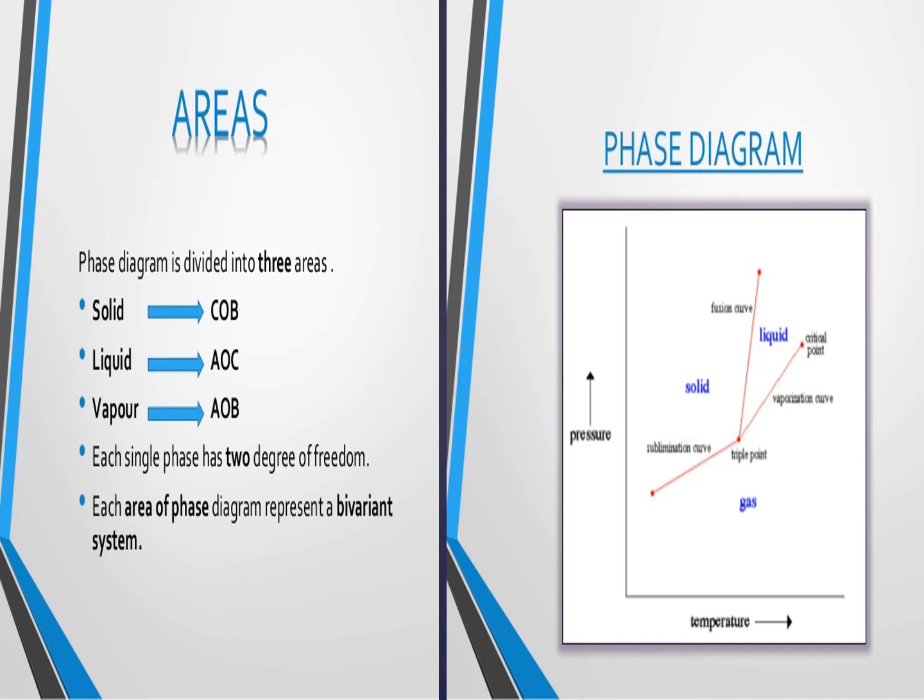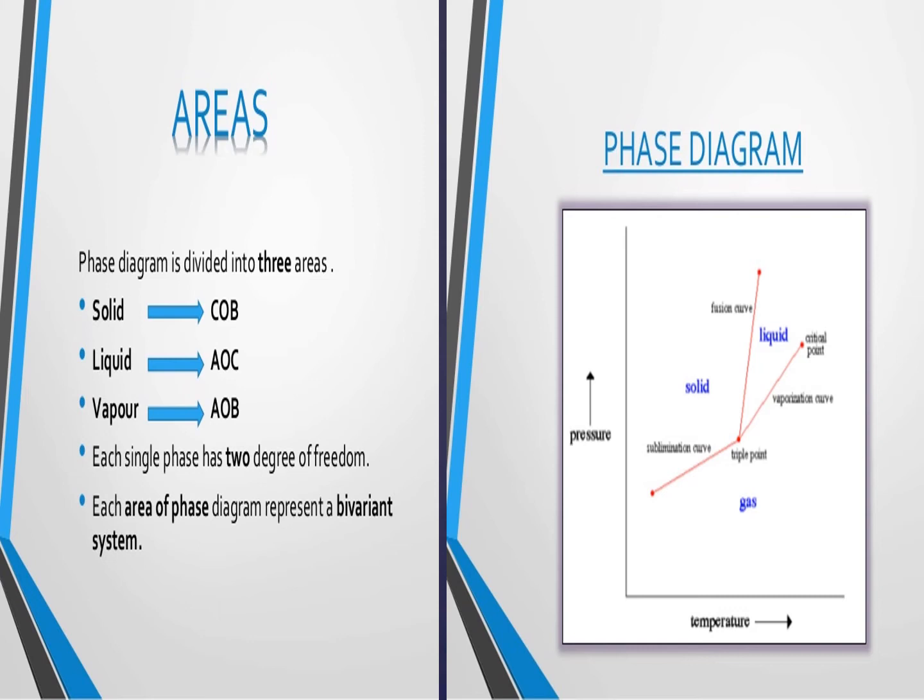Looking at the phase diagram, the triple point is represented by O, and the critical point on this curve is A. The solid area is COB, the liquid area is AOC, and the vapor area is AOB, that is the gas area.